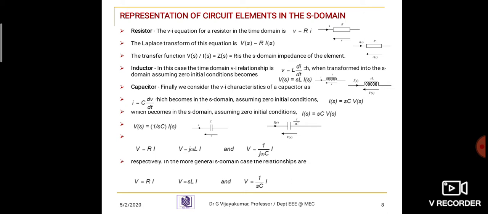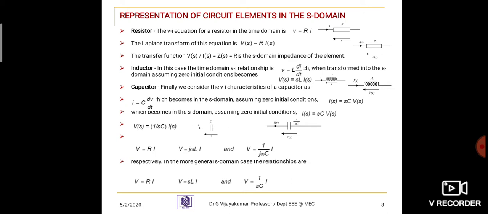First case, a resistor. The voltage and current equation for the resistor in the time domain, according to Ohm's law, is V equal to I into R. This can be transformed into Laplace: V of S is equal to R into I of S. The transfer function of this system for the resistor, Z of S, is equal to V of S divided by I of S. So R is the S domain impedance of the element.